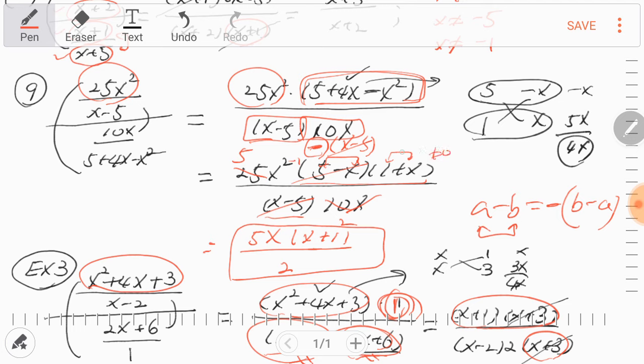So the restricted values are: from this, x is not equal to 0, and from this, x is not equal to 5, and from this, x is not equal to -1, and from this, same as x is not equal to 5.